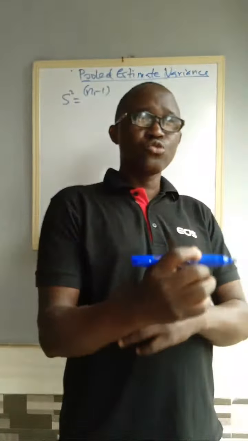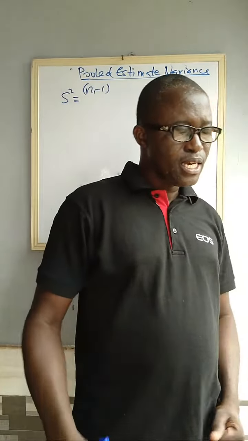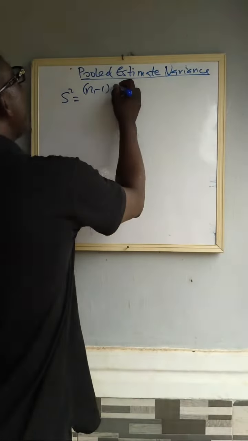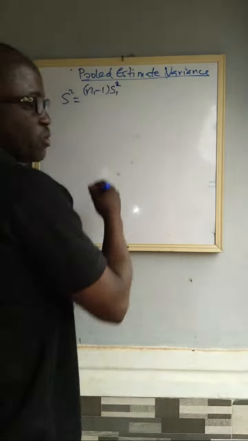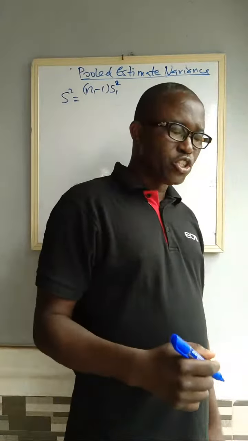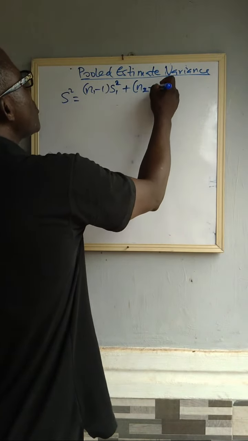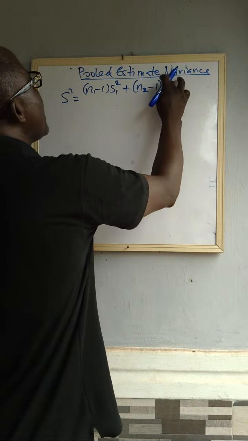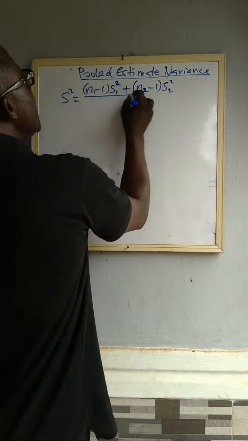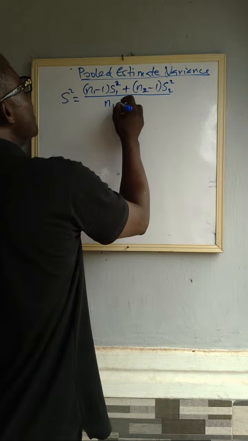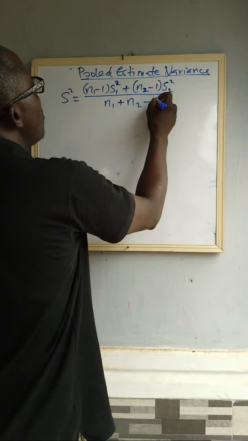That is, when you have two data sets, n1 and n2 are the number of items in the first set and the second set. s1 squared is the variance of the first data set, and you do the same operation for the second data set.